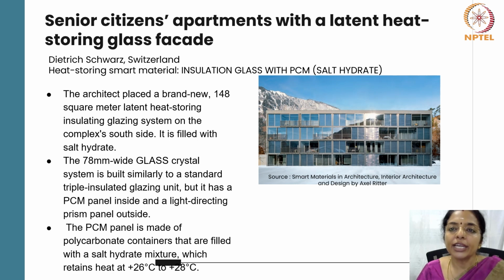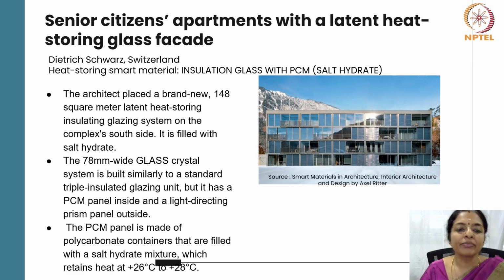The initial solution involved pure paraffin in transparent hollow plastic blocks used as latent heat storage facade elements in the south side of the building for the zero energy house. In contrast, for this project, a salt hydrate was used as a PCM due to fire safety reasons.